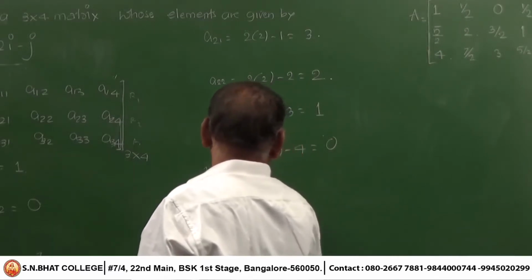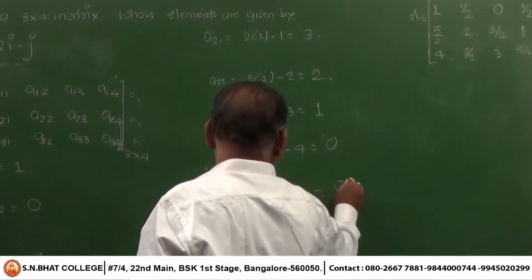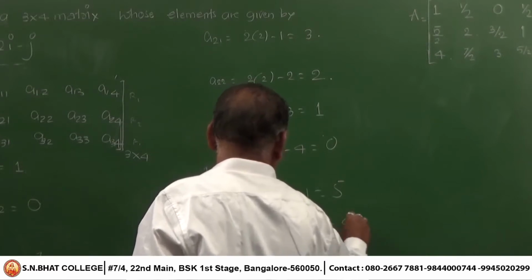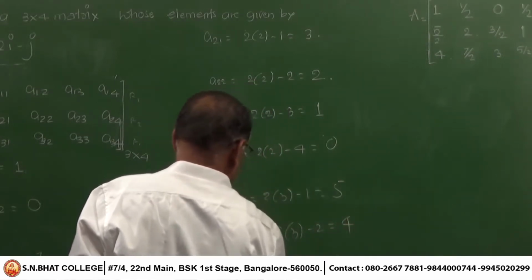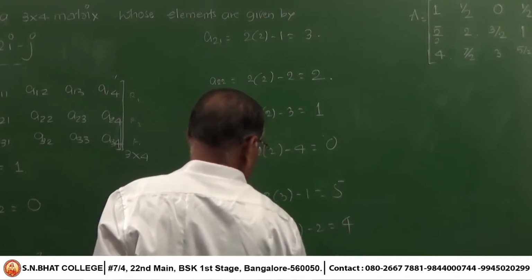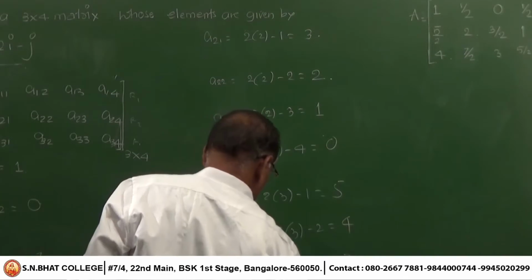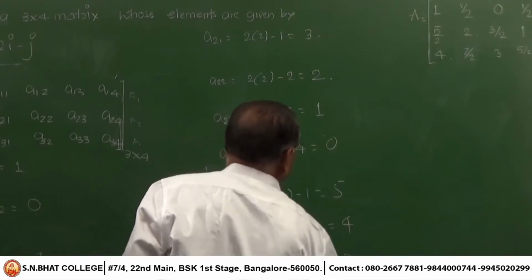A31 is 2 into 3 minus 1. This is 5. A32 is 2 into 3 minus 2, which is 4. A33 is 2 into 3, 6 minus 3 is 3. A34 is minus 2.